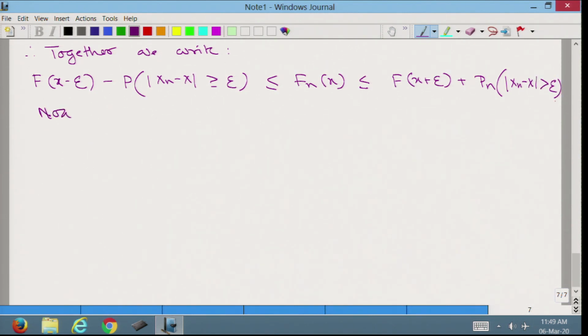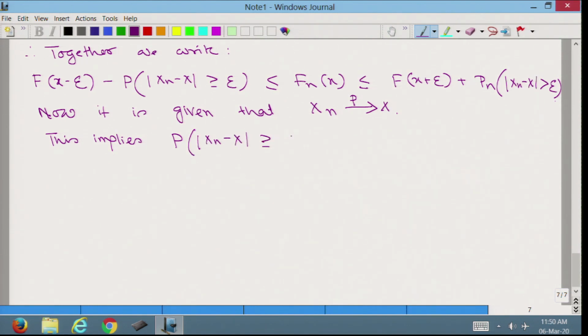Now, it is given that x n converges in probability to x. This implies probability modulus of x n minus x greater than or equal to epsilon converges to 0 as n goes to infinity.